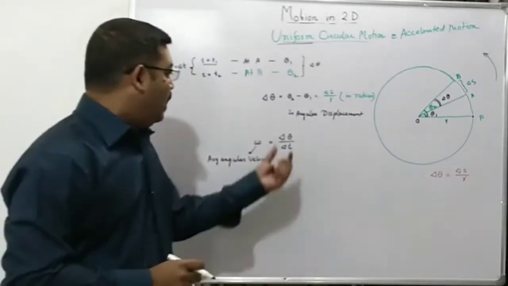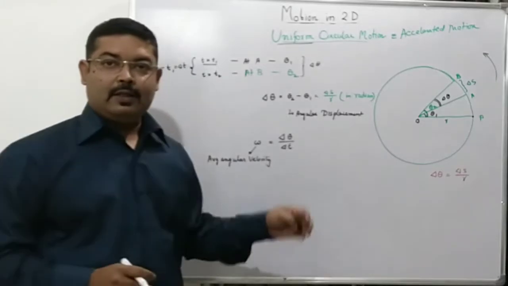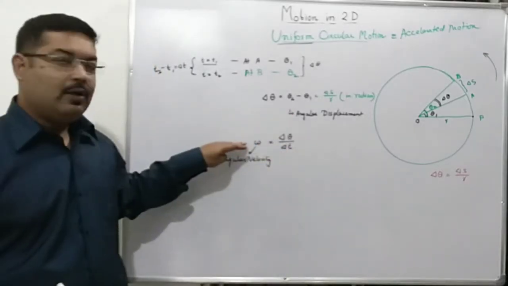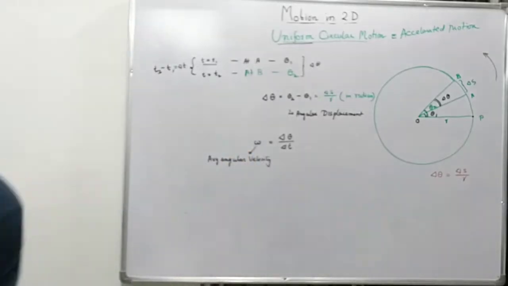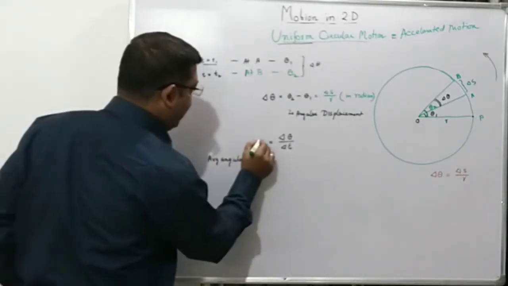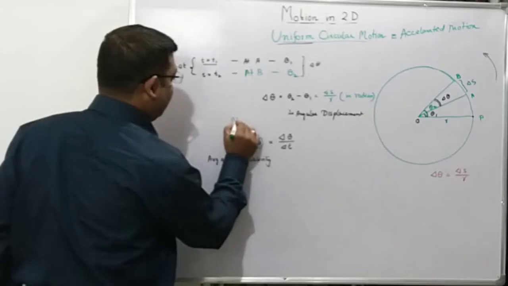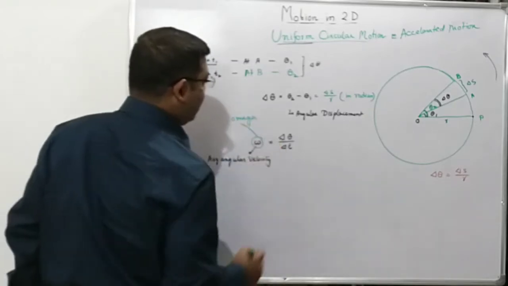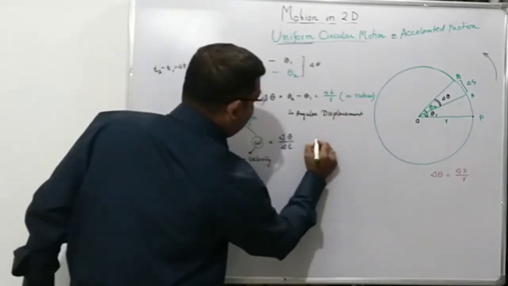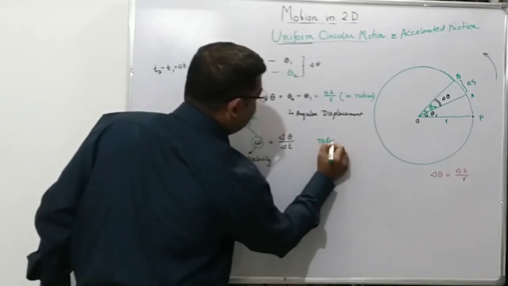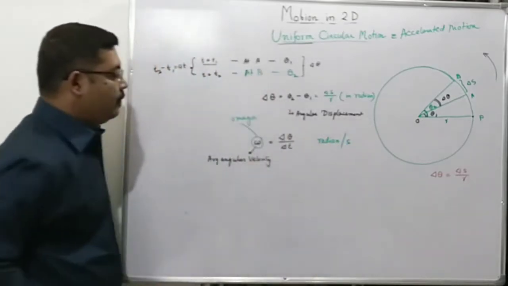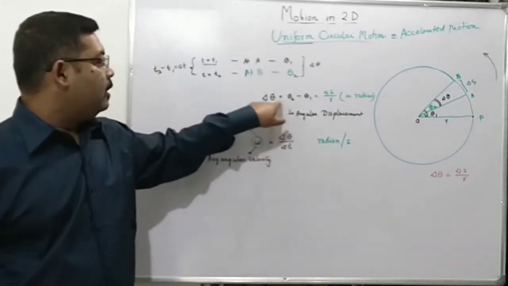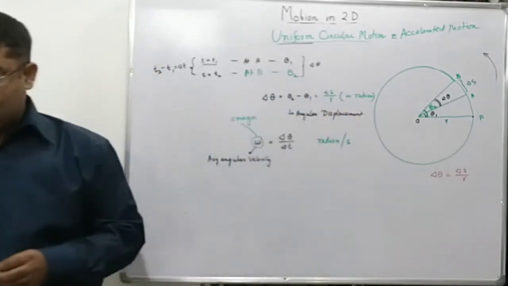So angular displacement by time, that is rate of angular displacement, is known as angular velocity. It is given by this Greek letter omega, and its unit will be, of course, radian per second. Unit of time is second and unit of angular displacement was radian, as we have just seen.